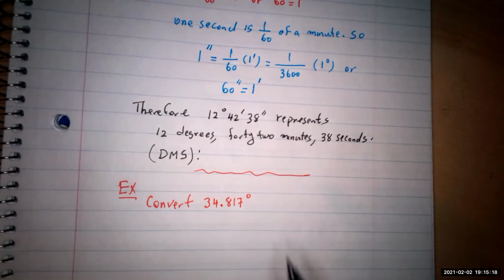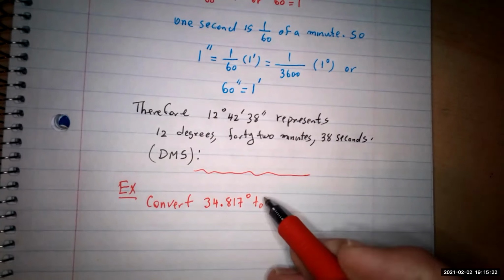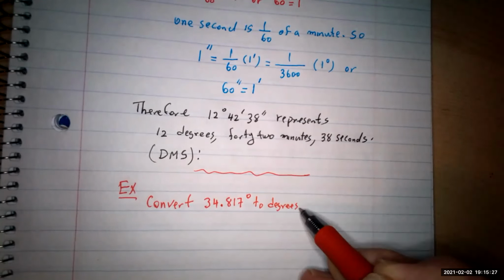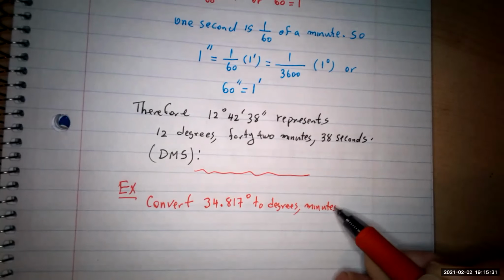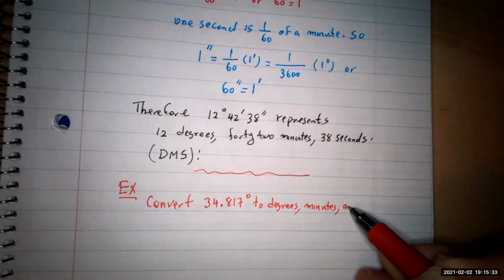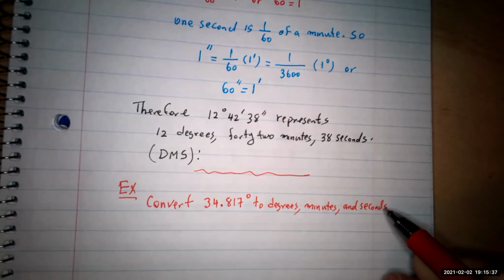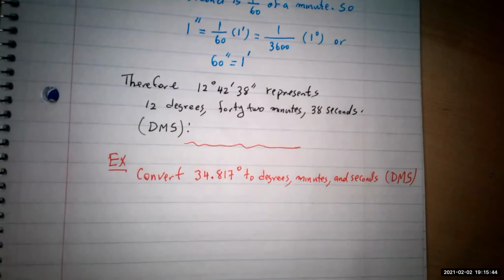But we'd like to convert it to the DMS format: degrees, minutes, and seconds. Or they may just give you this notation, and you must know it. If they say convert it into the DMS form, this is what they are talking about.